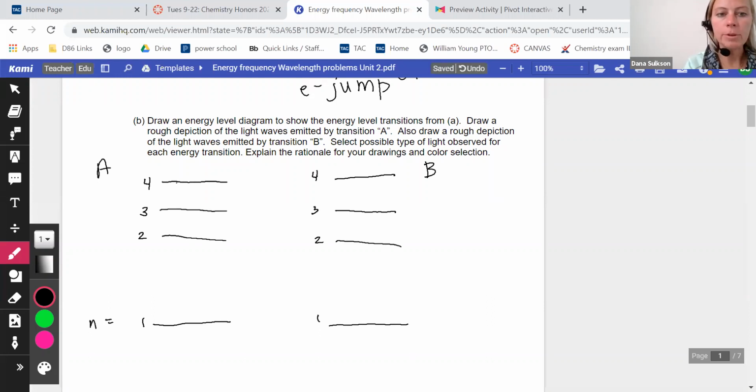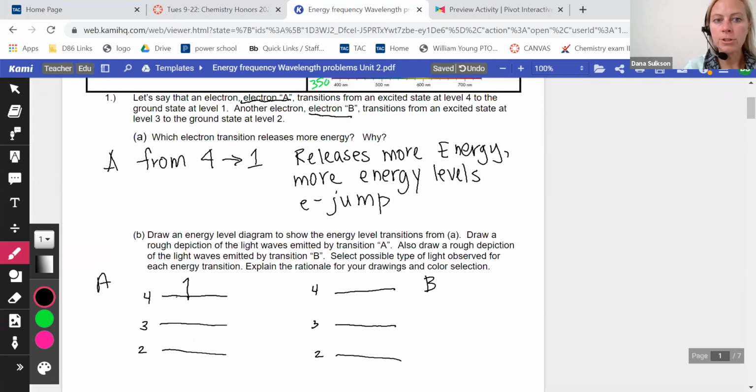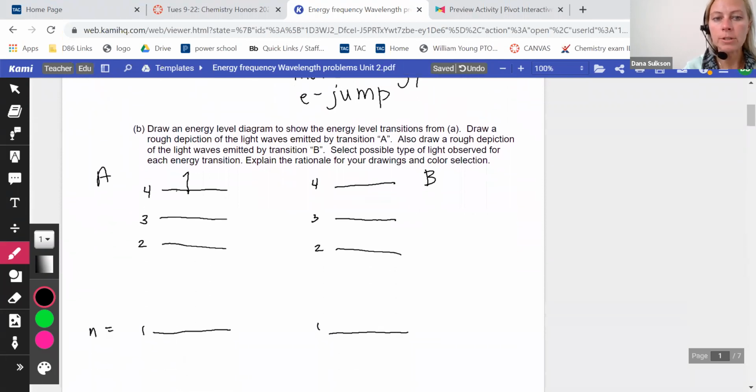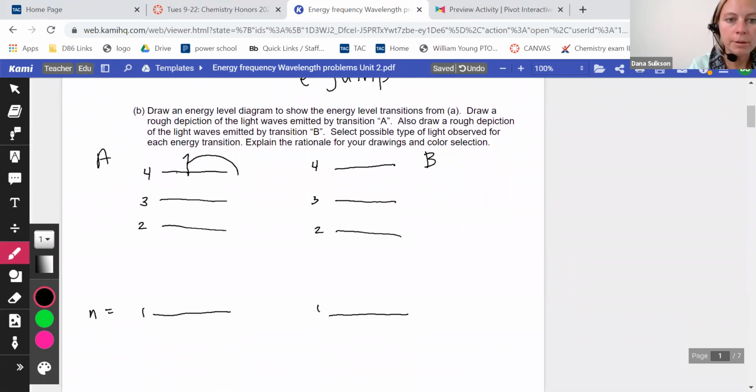From the last lesson, we found that our electron is depicted as like a half arrow because it's moving. So it is stated above that you're going 4 to 1, and the second one, electron B, is going 3 to 2. So I'm going to show this by an arrow going down, and then my electron there. My 3 to 2 is 3 to 2.